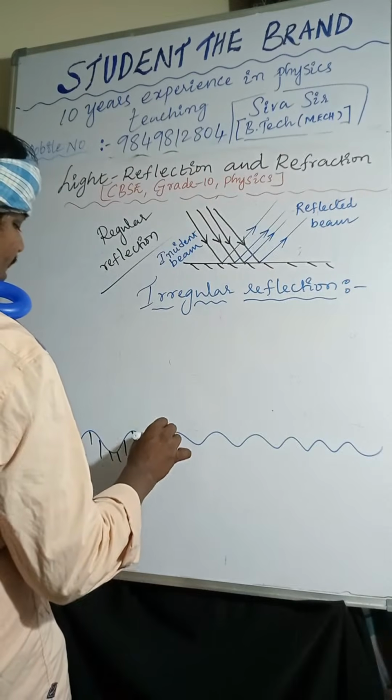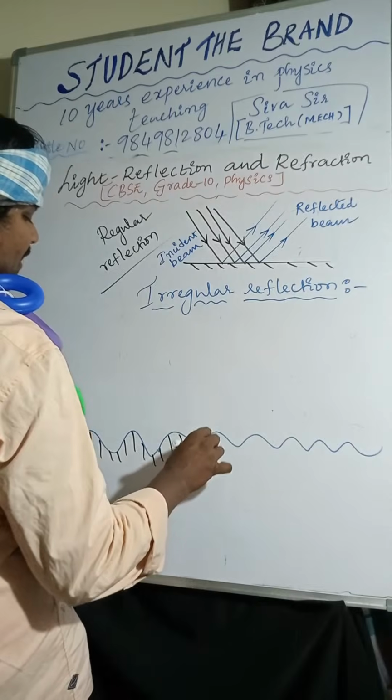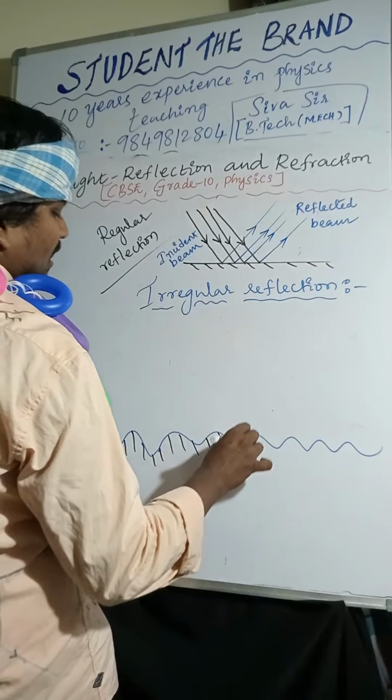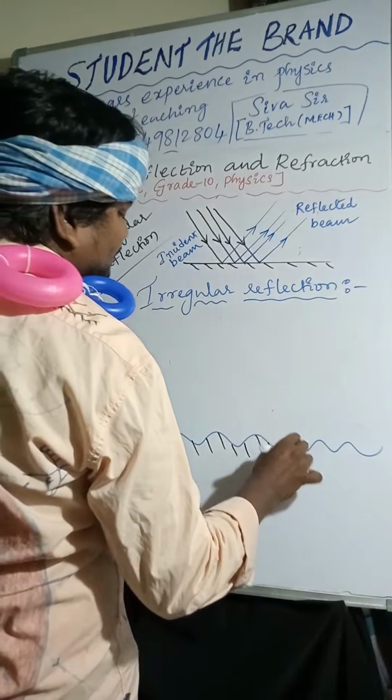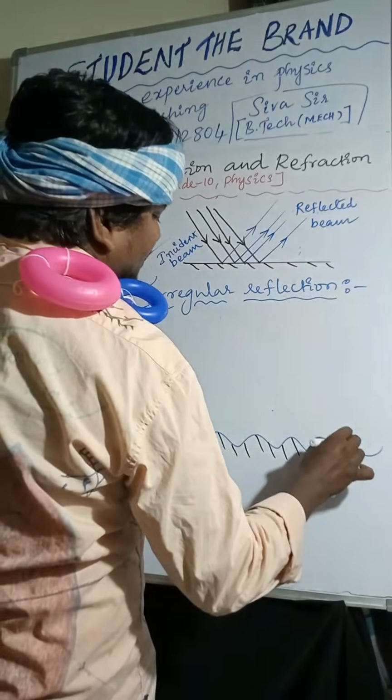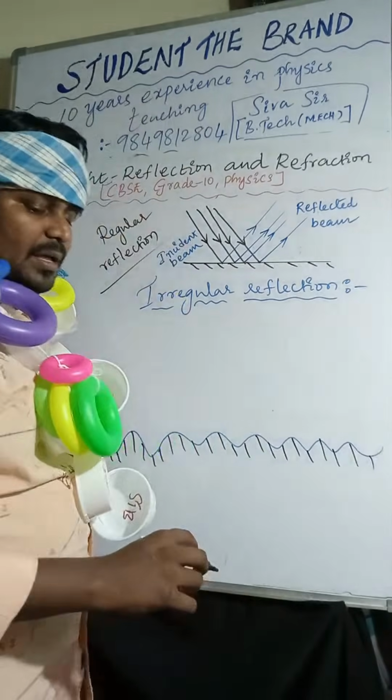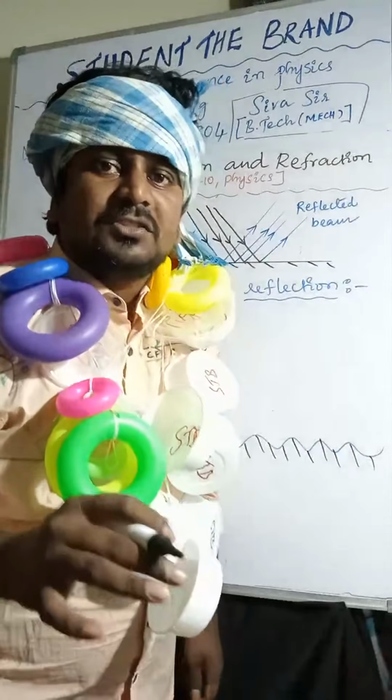Incident beam is parallel. But reflected light rays are not parallel to each other. This type of reflection is called irregular reflection.